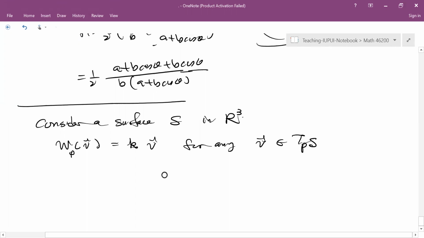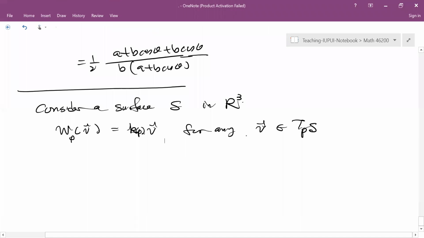Now, we assume this condition. So K is a function of P. K depends on P, but is independent of direction. This is our point, for any vector, any P on the surface.